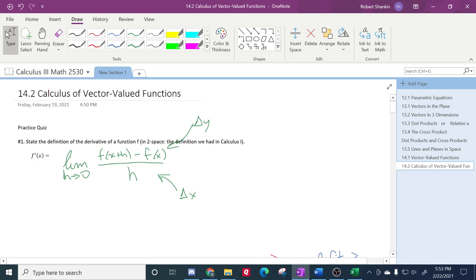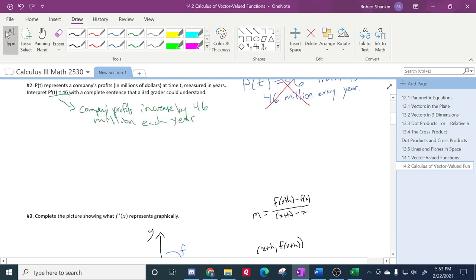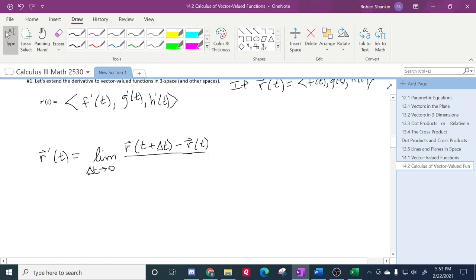Whatever the input letter here is, it went here and here. And then on the bottom was this, because it's t plus change in t minus t, so it's just going to be the change in t down at the bottom.